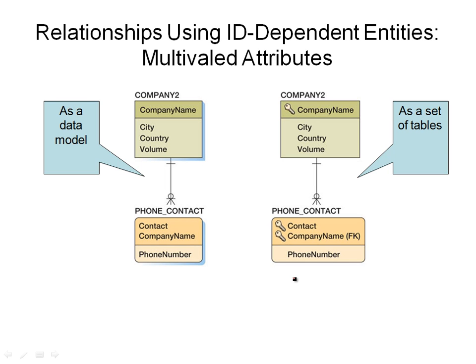If I have a multi-value attribute, remember that we talked about that in the modeling before, where we addressed the need for a separate table to address the many phone numbers that might be used for contact information in a company.